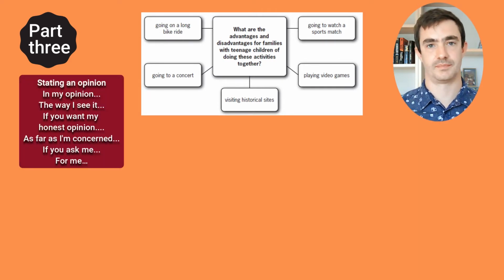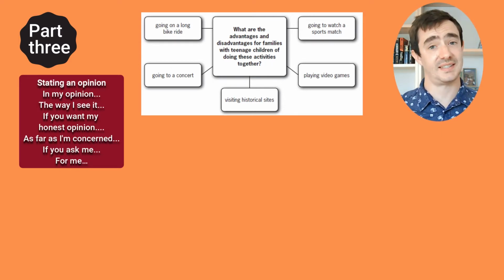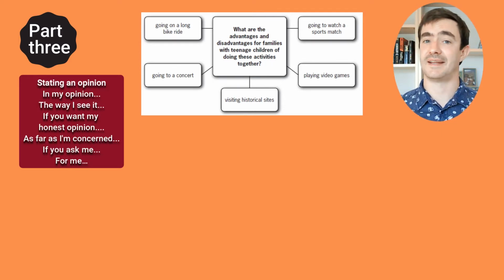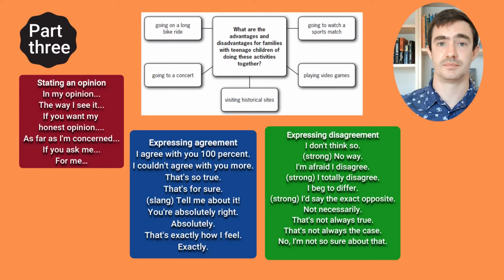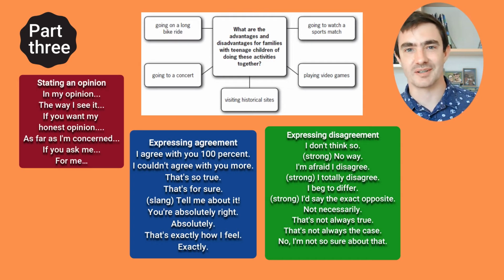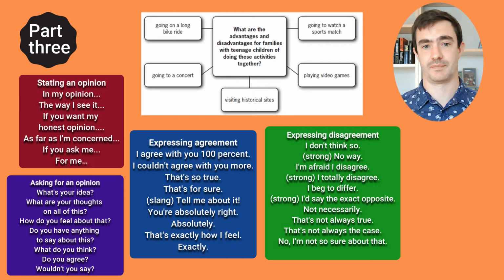Stating an opinion: in my opinion, as far as I'm concerned, the way I see it. Then expressing agreement and disagreement: I couldn't agree more. I beg to differ. And obviously asking for an opinion: what are your thoughts on all of this? What do you think?